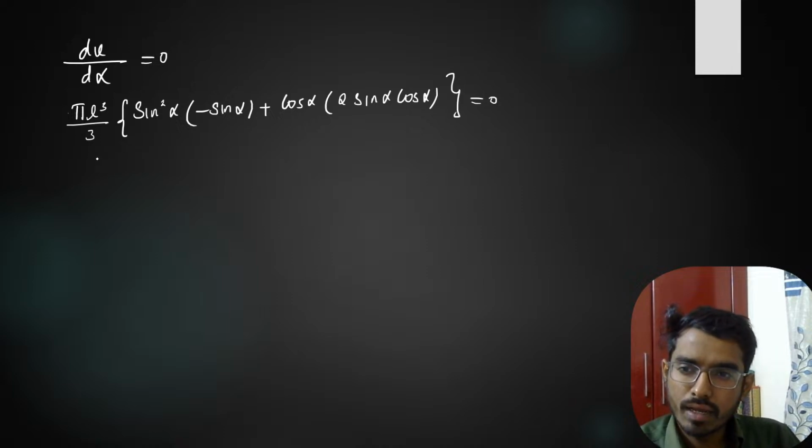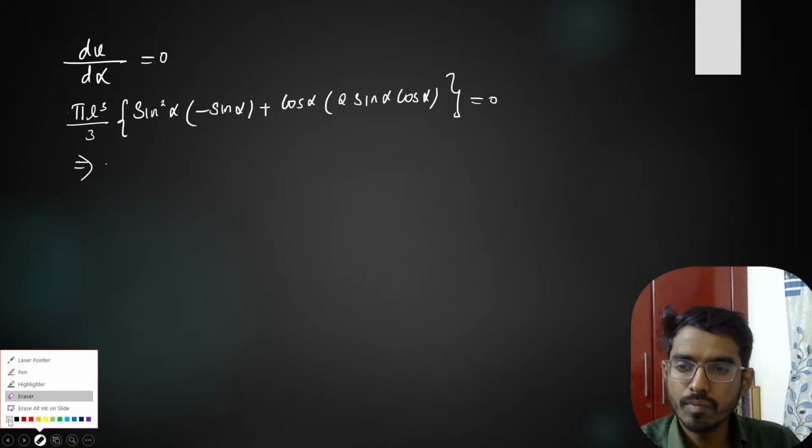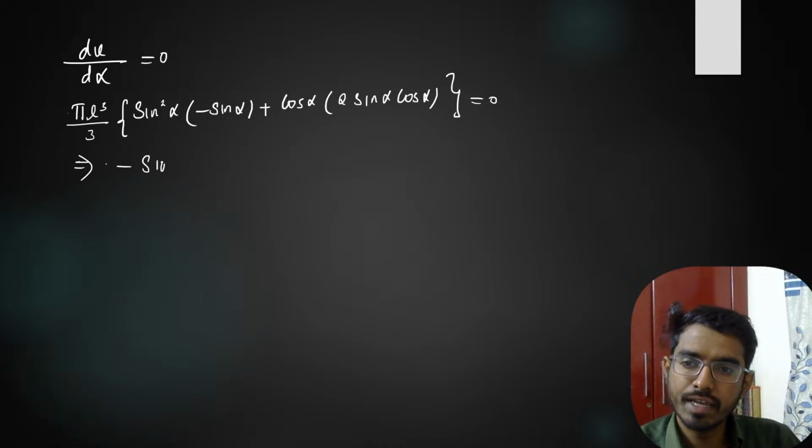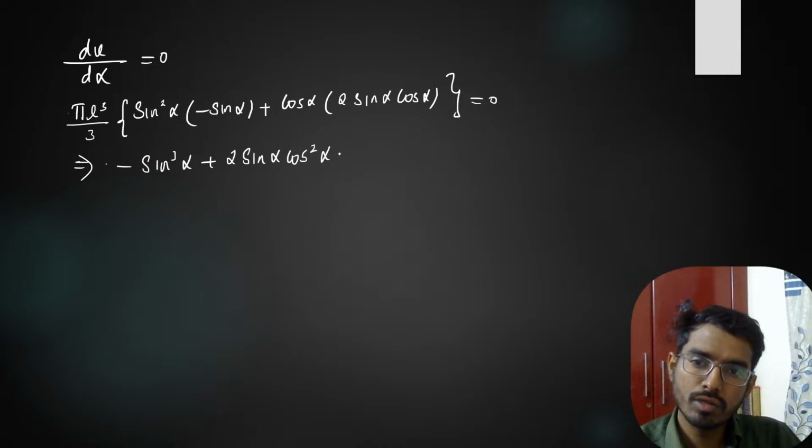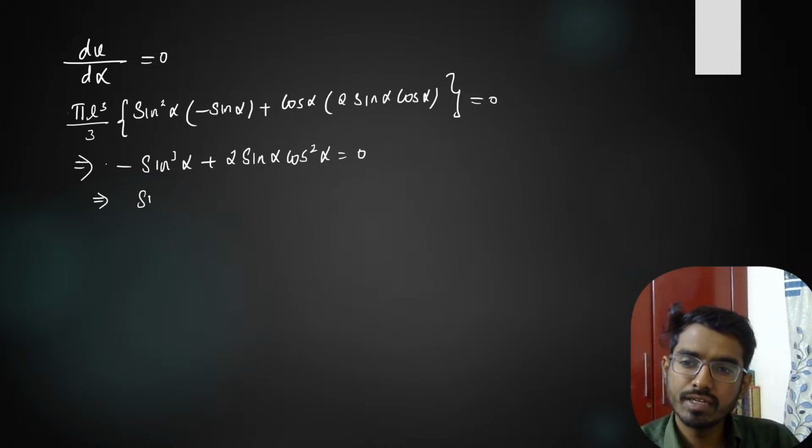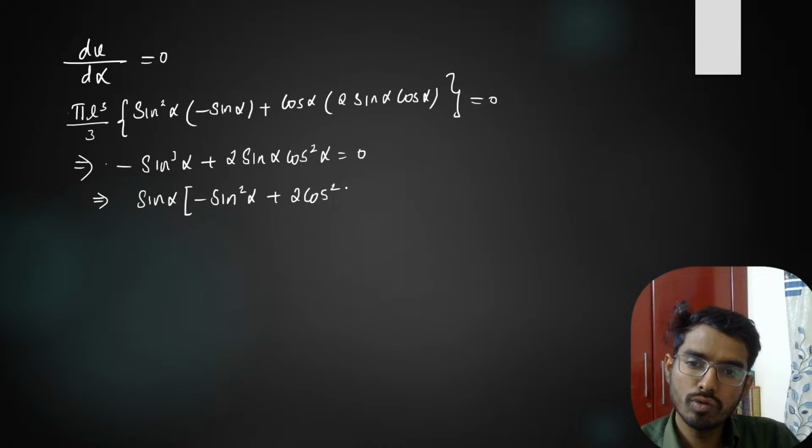So we are equating this to 0. What can I take common here? Pi L cube is not equal to 0, so this term has to be 0. Which term? Minus sine cube alpha plus 2 sine alpha cos square alpha is equal to 0. If I take sine alpha outside, minus sine square alpha plus 2 cos square alpha is equal to 0.